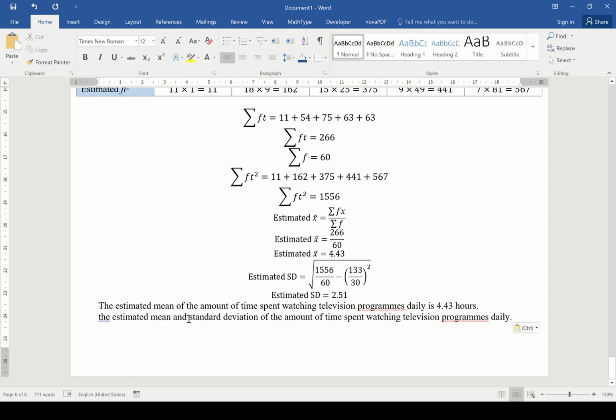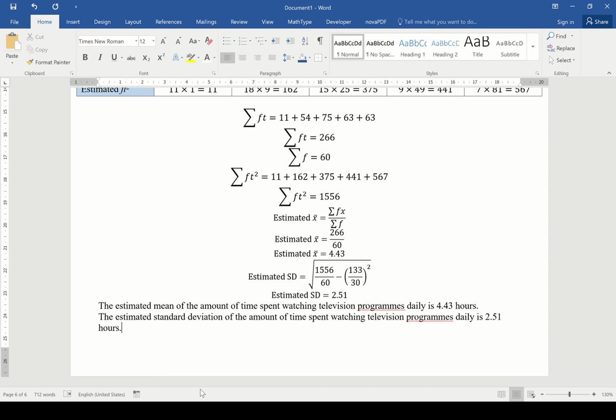The estimated standard deviation of the amount of time spent watching television programs daily is 2.51 hours. And there you have it, how to calculate the mean and standard deviation for group data itself.